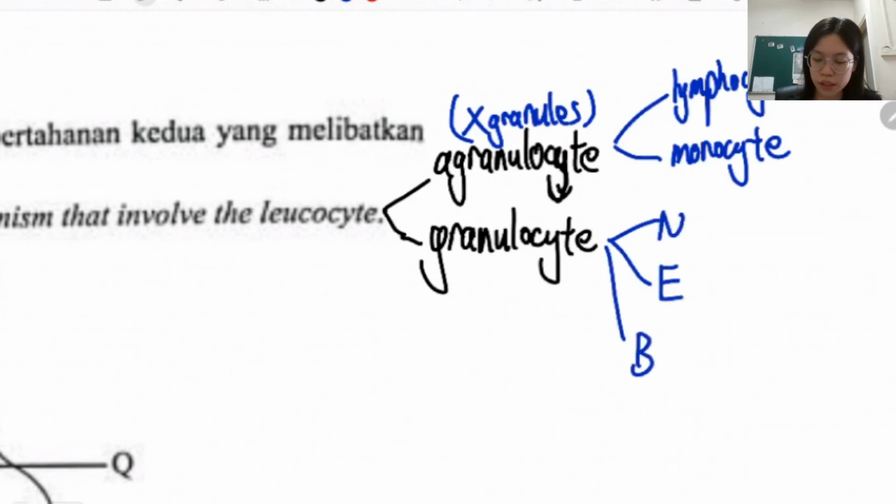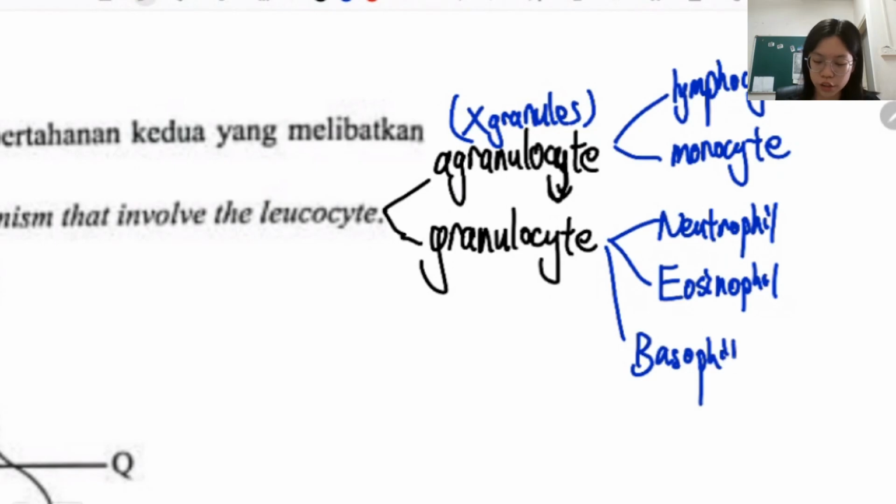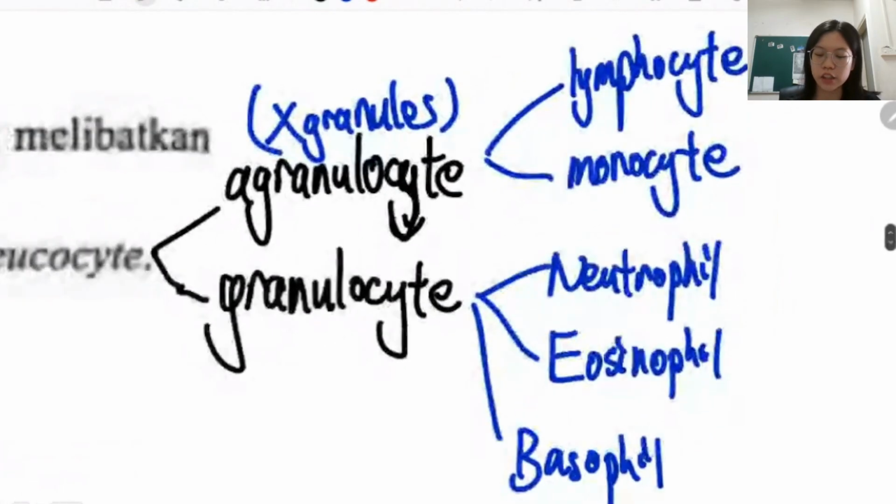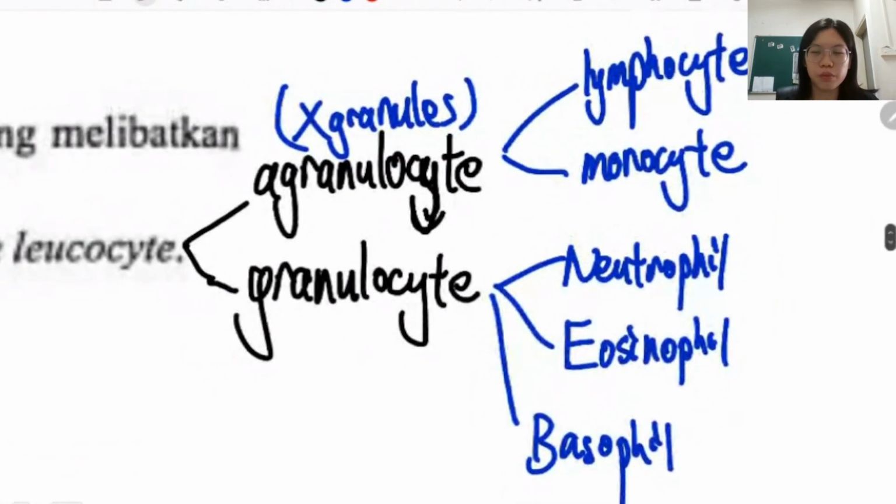What are those NEB? Neutrophil, eosinophil, and basophil. So this monocyte is actually still immature. It will become mature to be called a macrophage.